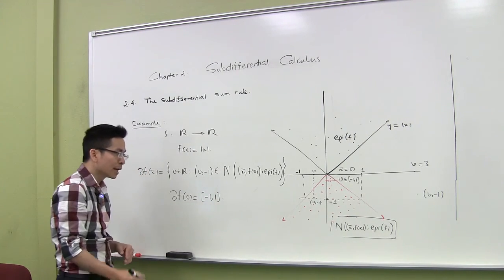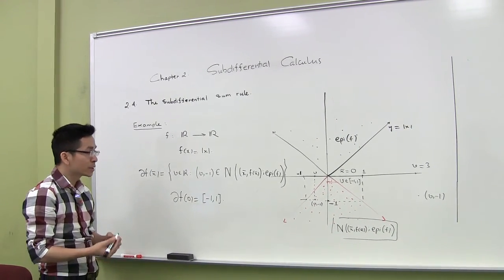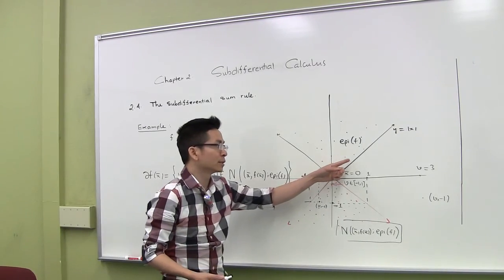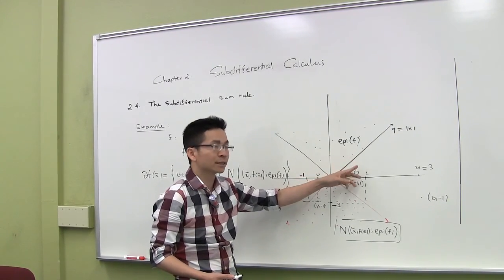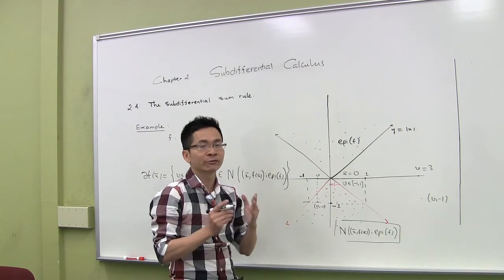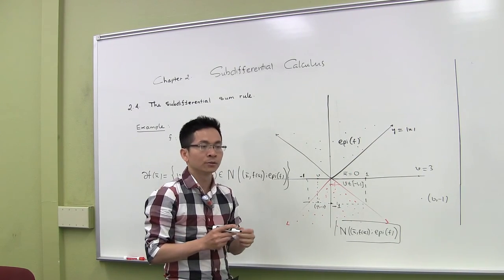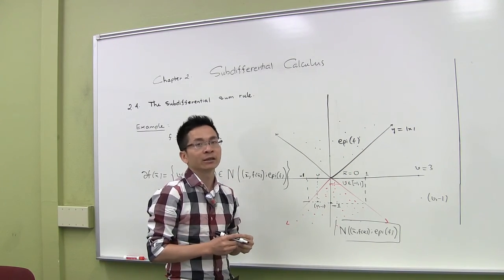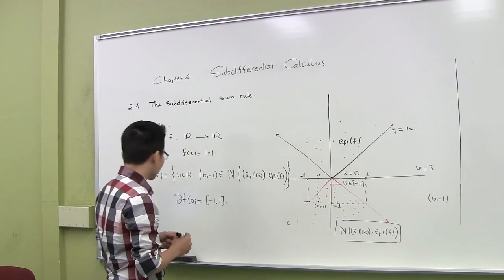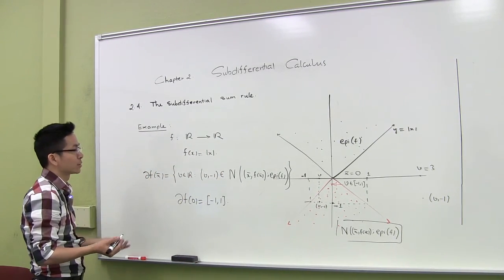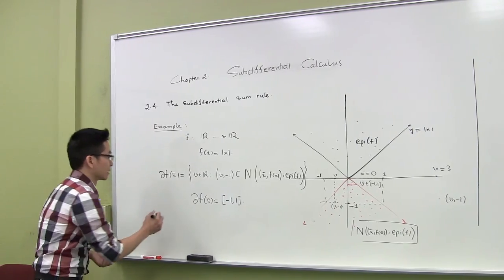Okay? And we also see that the absolute value function is differentiable if x is non-zero, and the subdifferential reduces to the derivative of the function at those points. So we have the following formula for the subdifferential of the absolute value function.